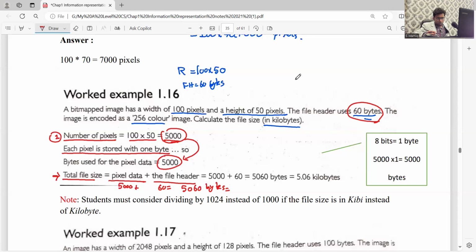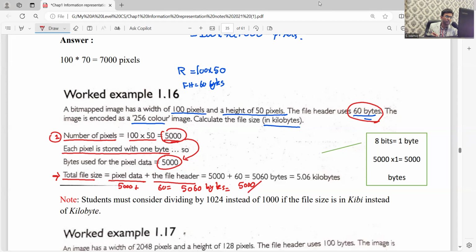And if I want to convert this into kilobytes, how am I going to do that? For converting bytes into kilobytes, I'm going to take the bytes and divide by 1,000.